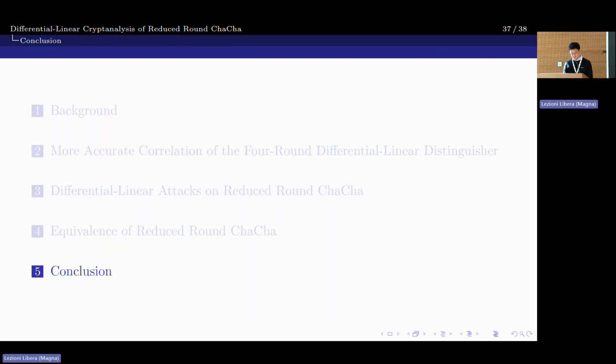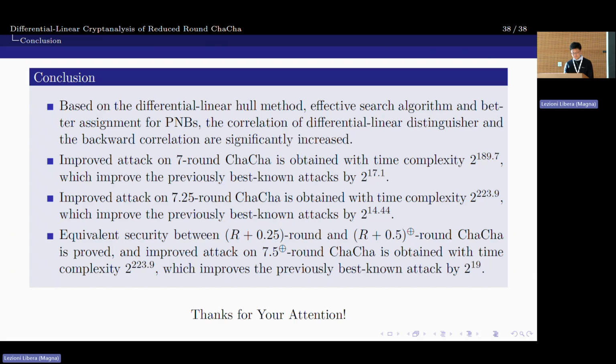Finally, I give a conclusion. Based on the differential-linear method, an effective search algorithm, and better assignments for PNBs, the correlations of the differential-linear distinguisher and the attack are increased.